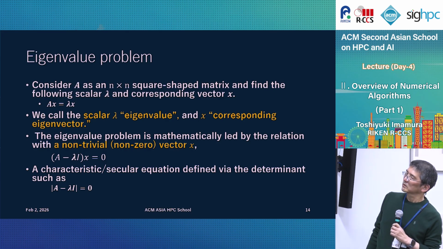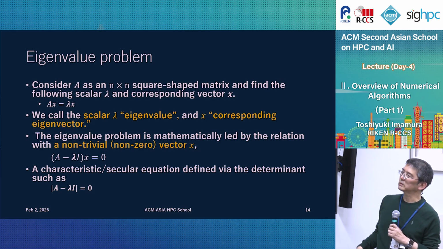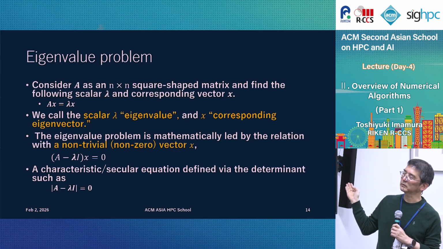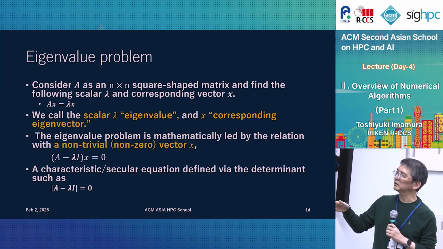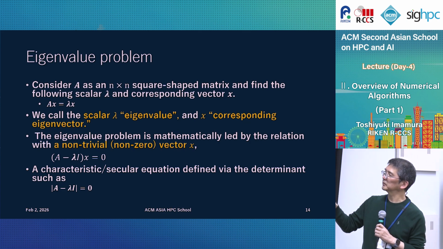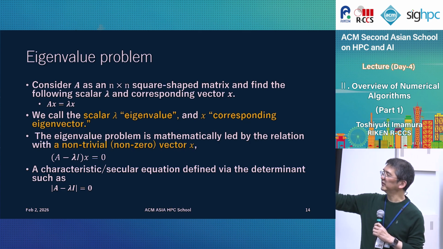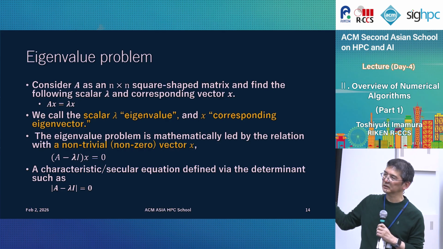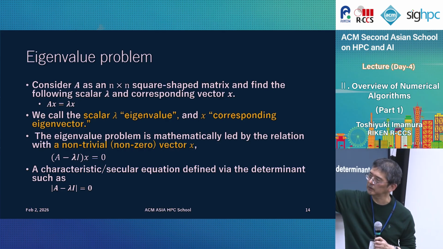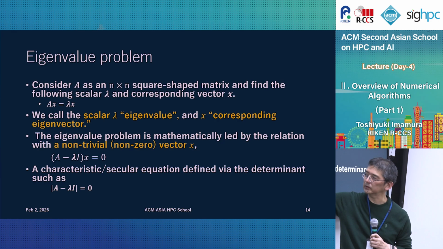Mathematically, we have the same feature defined by the matrix determinant: the determinant of A minus lambda I equals 0.